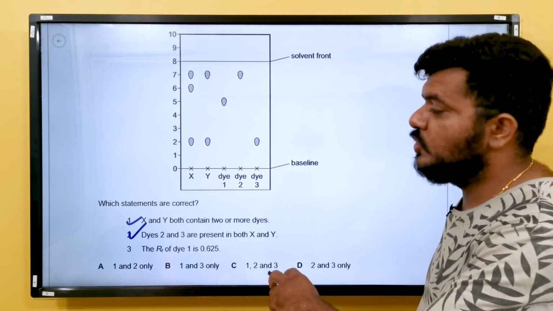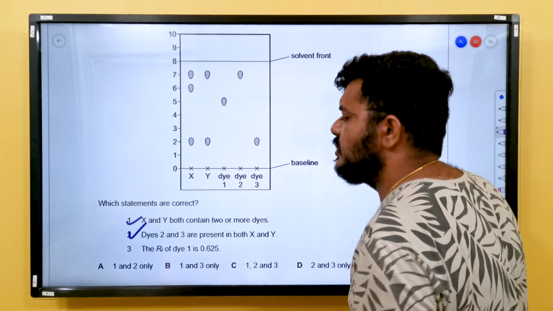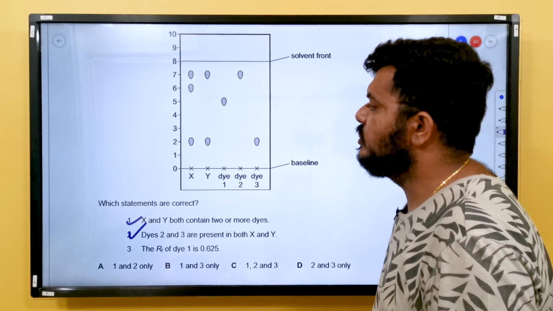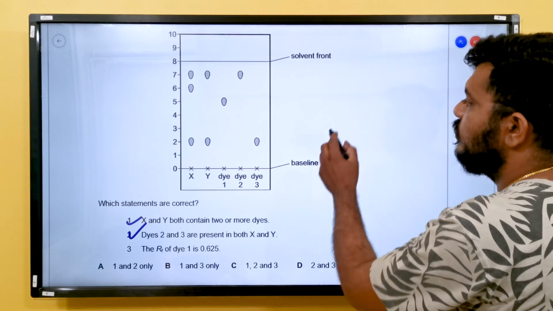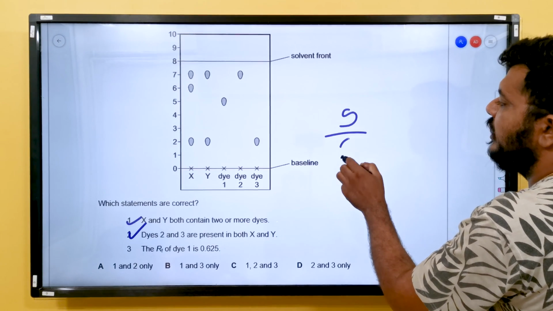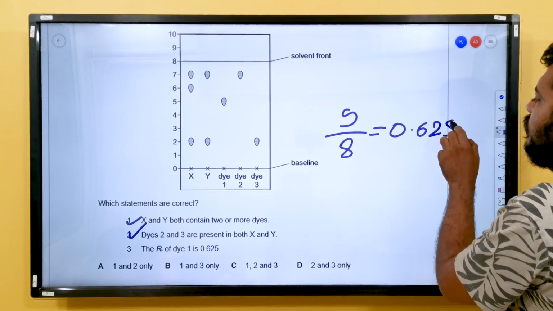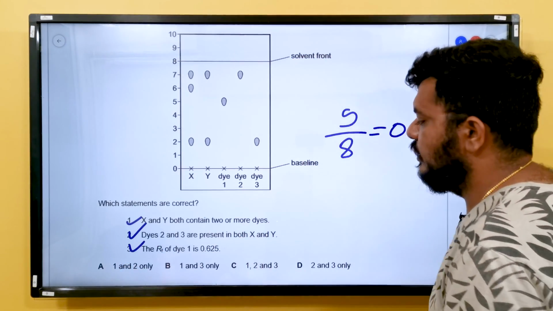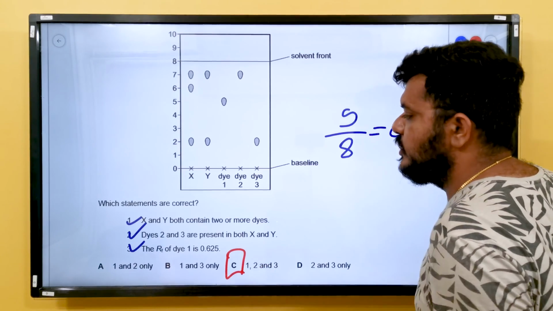Rf is the ratio of the distance travelled by the dye divided by the distance travelled by the solvent. So dye 1 has travelled a distance of 5 units and the solvent has travelled 8 units. So you'll find 5 by 8 on division, this is 0.625. So all three options are correct and therefore your correct answer is option C.